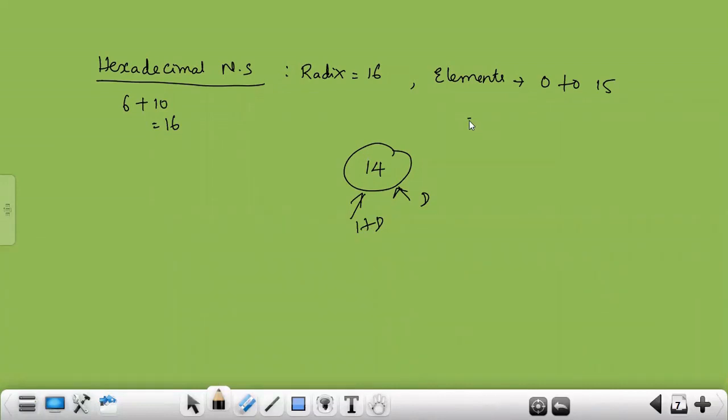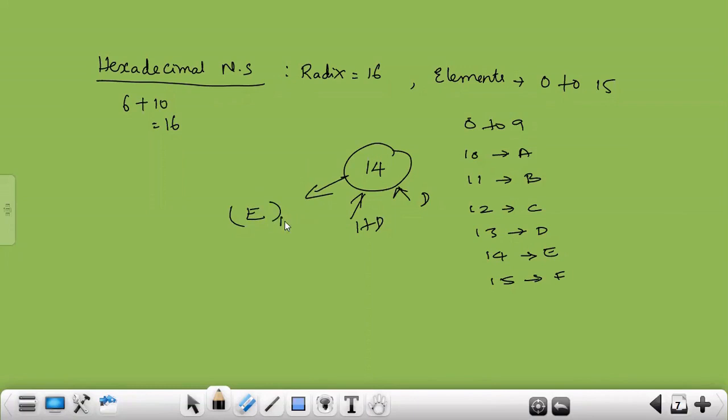We have 0 to 9. From 10, I'll name 10 as A, 11 as B, 12 as C, 13 as D, 14 as E and 15 as F. So this 14 can be denoted as E. If I see E, this is my hexadecimal number. 0 to 9 I'll be representing in a normal way.